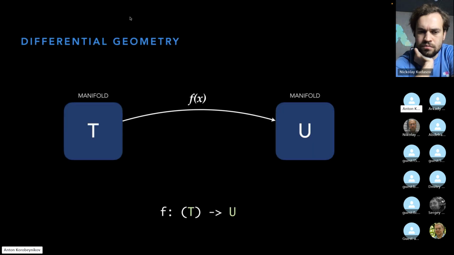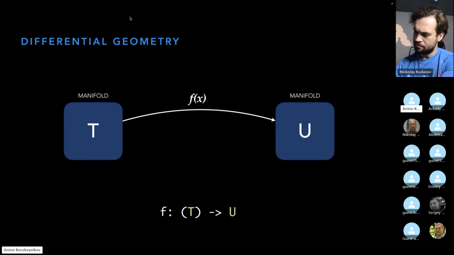Types in programming languages can be thought of as mathematical spaces, and depending on the particular structure of the spaces, we can derive different properties of these types. For us, we should think about the type as a manifold.